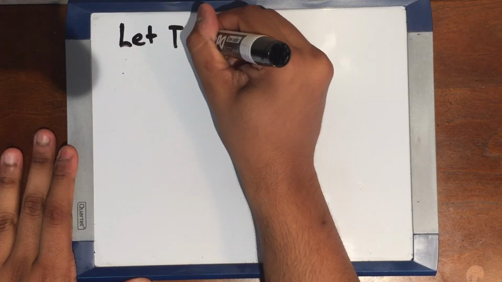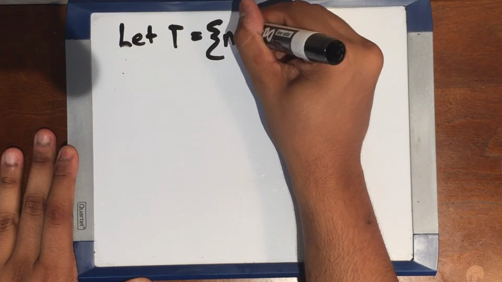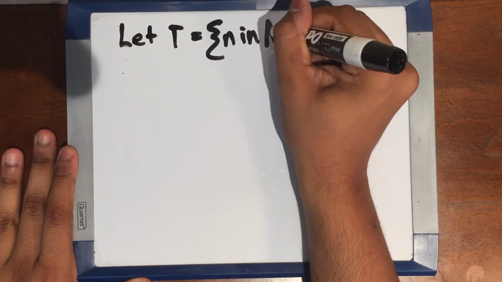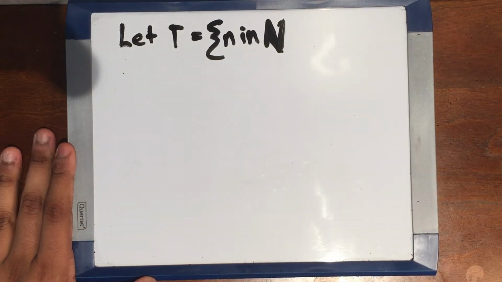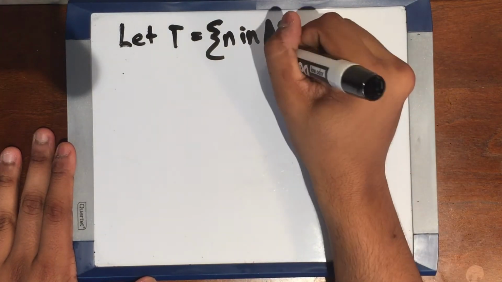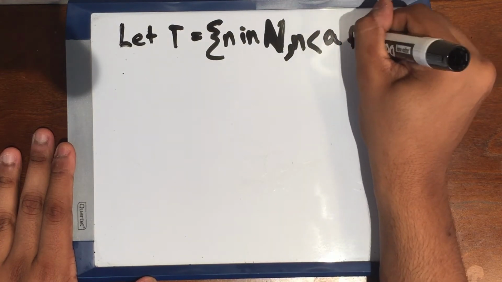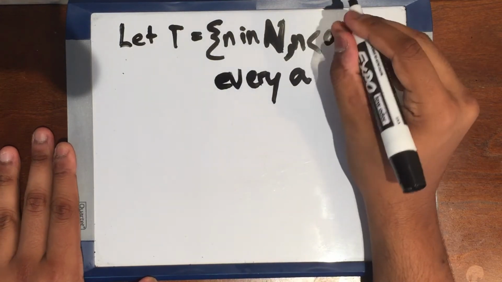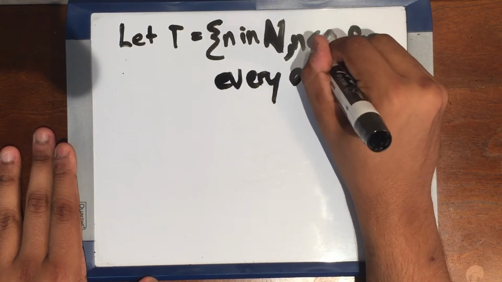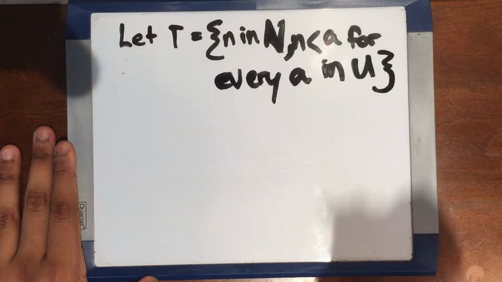So let T equal the set of N in the natural numbers, such that N is less than A for every A in U. Okay?